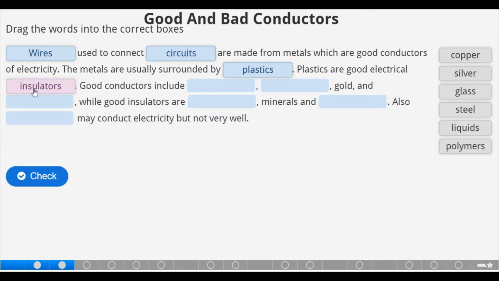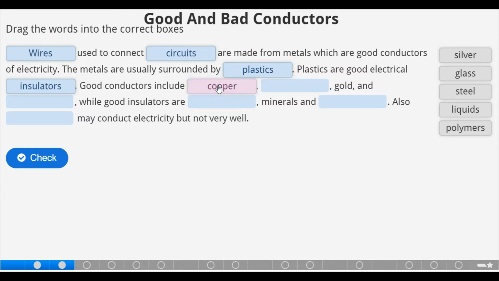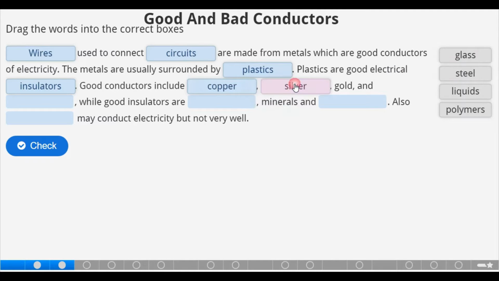Good conductors include copper, silver, gold, and steel.